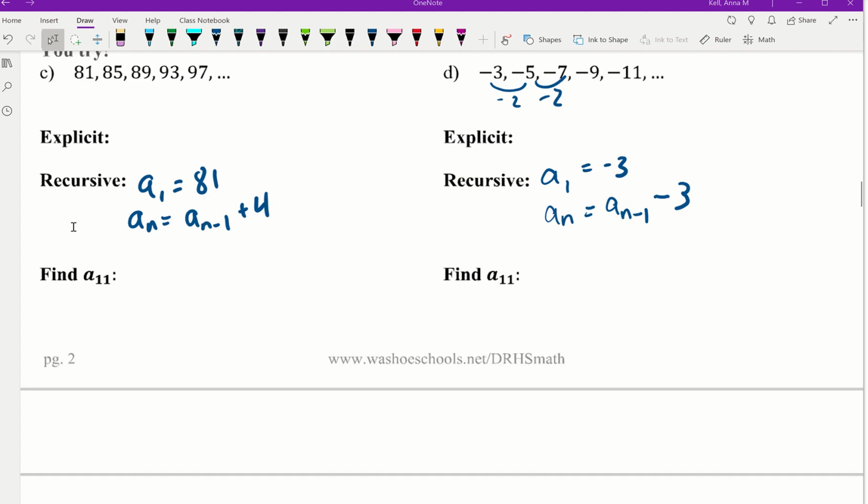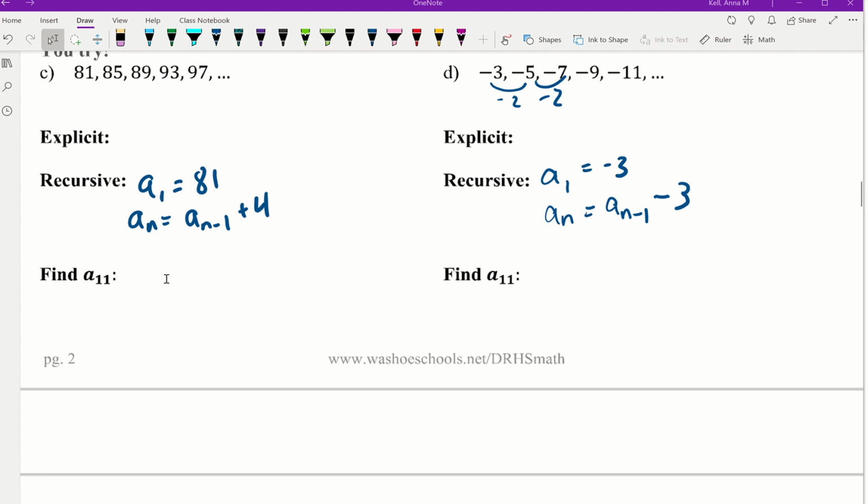Okay, so for your recursive formula, you should write what your starting value was. For this example, it is 81. And then you're going to write the recursive formula that a sub n is equal to a sub n minus 1 plus 4, since our common difference was 4.